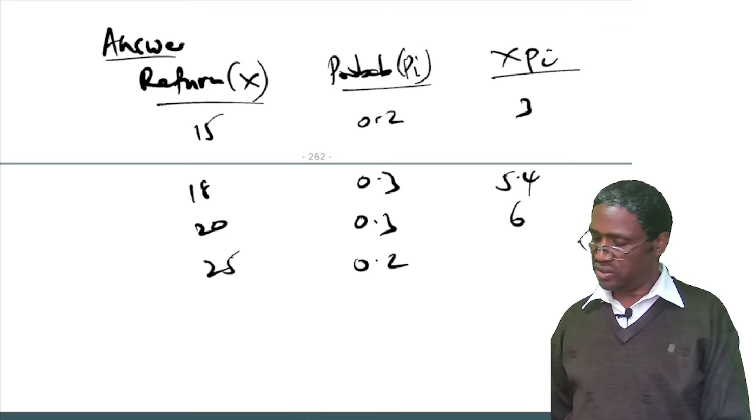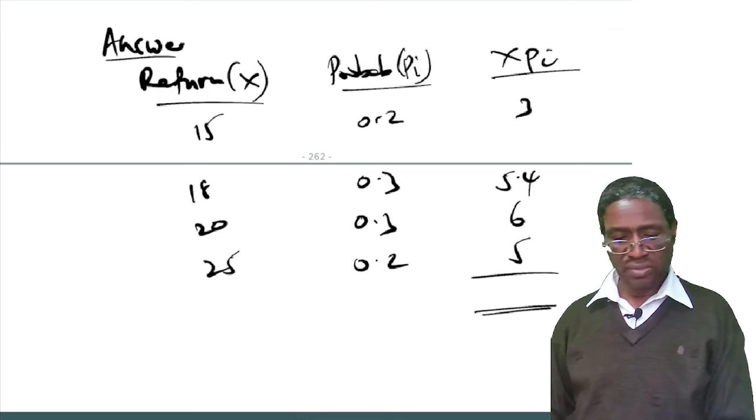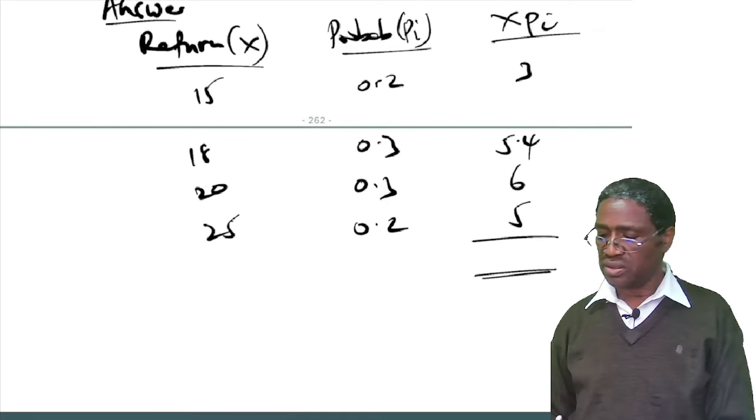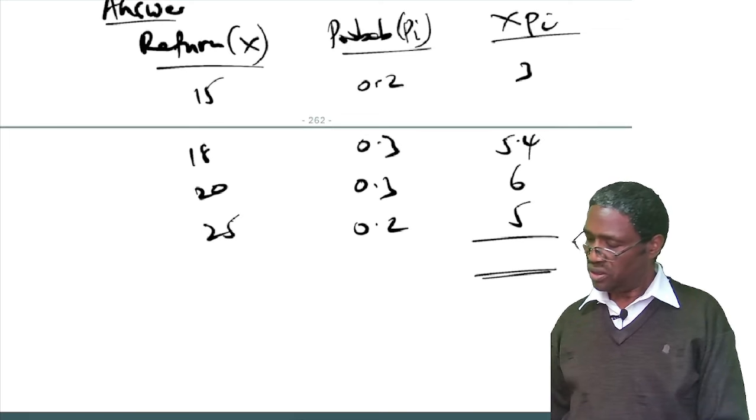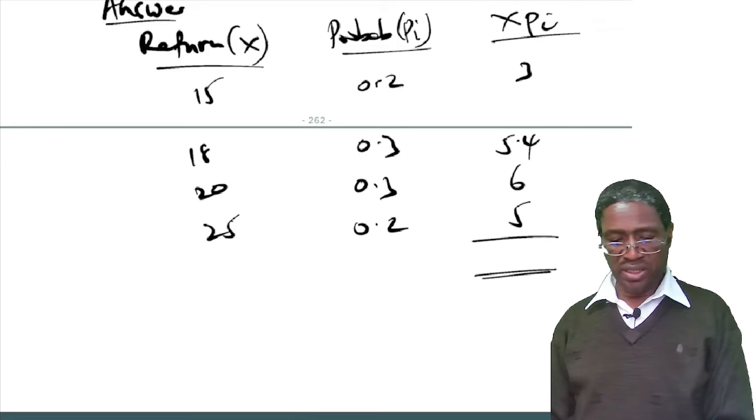Let me calculate. Yes, it's 5. Then we get the sum, that will be the mean. This will be 3 plus 5.4 plus 6 plus 5. That's 19.4.